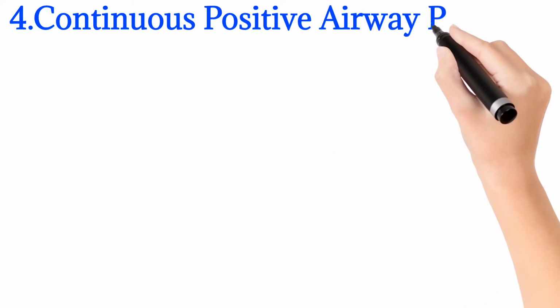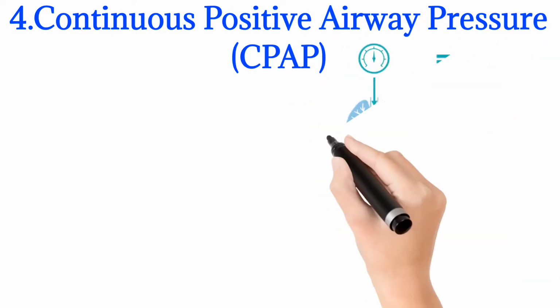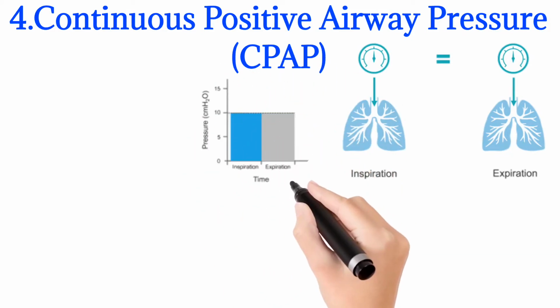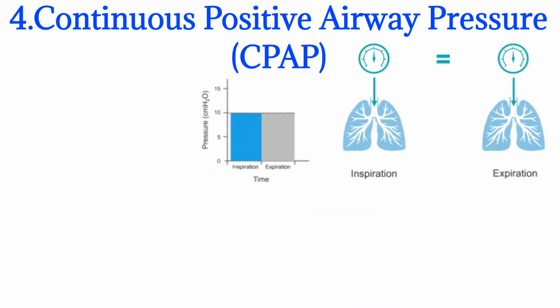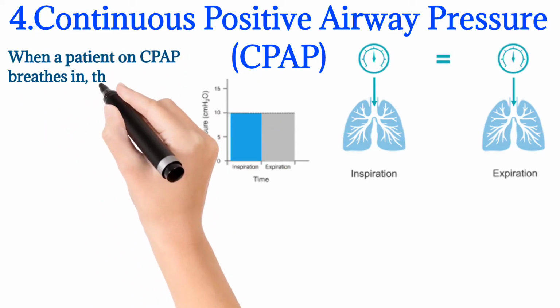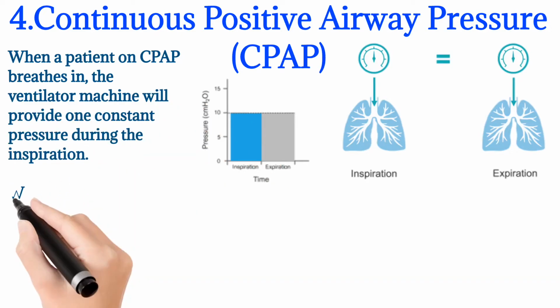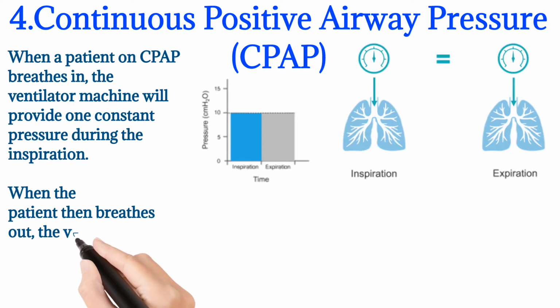Continuous positive airway pressure, CPAP, is one of two cardinal modes of non-invasive ventilation. Bi-level positive airway pressure, or BPAP, is the other. As the name suggests, CPAP provides continuous pressure throughout the respiratory cycle. When a patient on CPAP breathes in, the ventilator machine will provide one constant pressure during the inspiration.